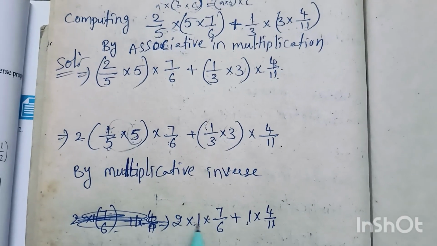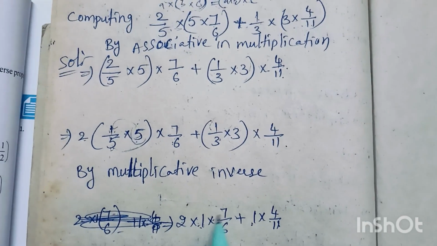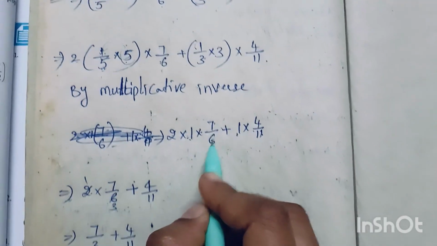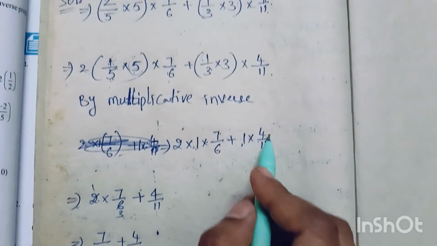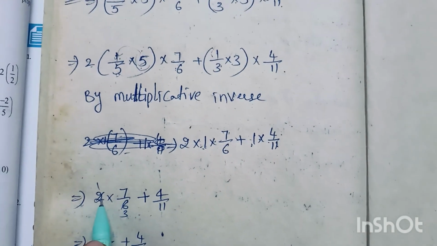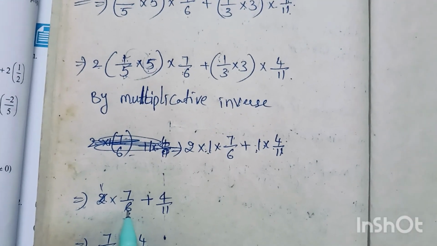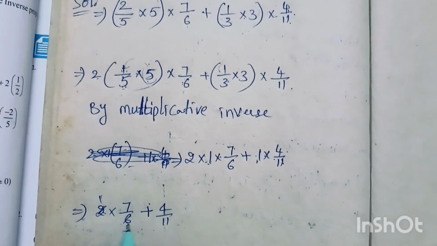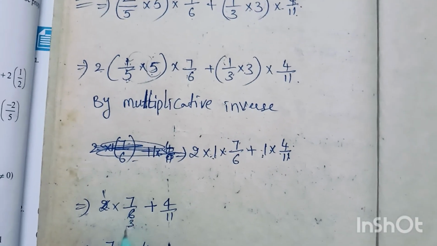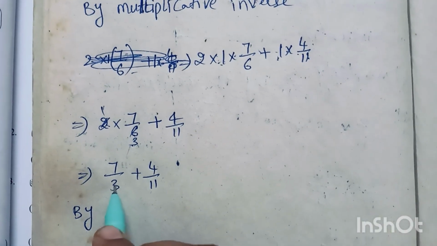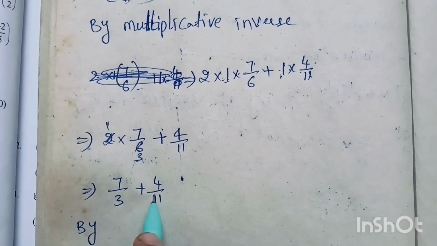Now here 2 into 1, 2 only, into 7 by 6 plus 1 into 4 by 11. 2 into 1, 2 only, no? So 2 1s are 2. This is a numerator, this is a denominator. We can do cancellation. 2 1s are 2, 2 3s are 6. What is the number remaining? 7 by 3 plus 4 by 11, right, as it is.